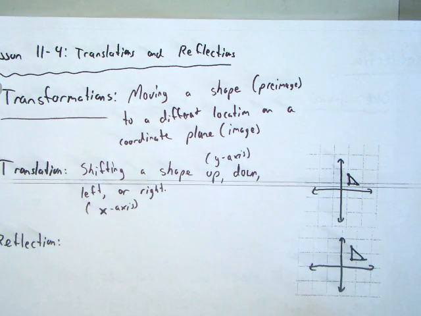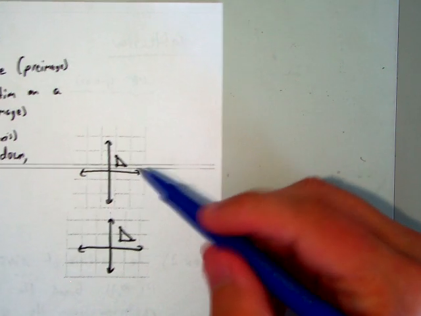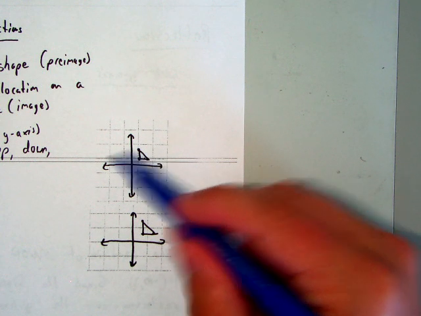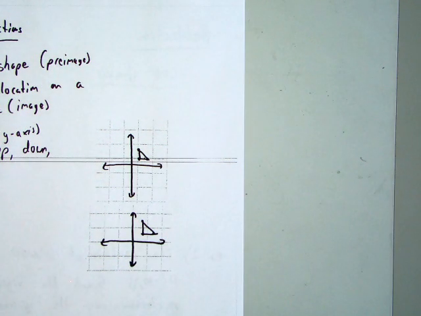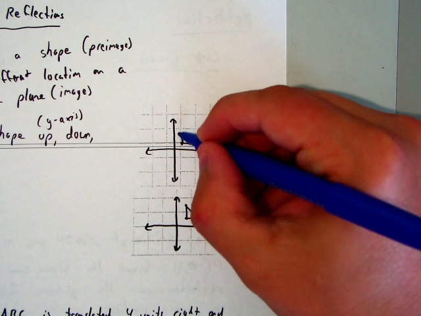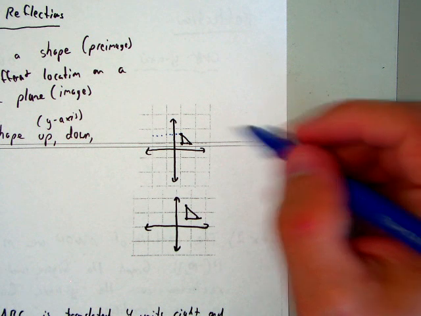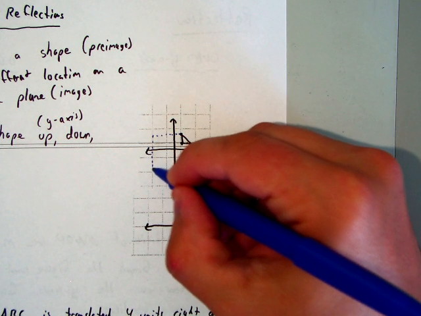So if we were to look at the shape on the right here of the triangle in quadrant 1, and if we wanted to translate it, we can say that if we wanted to go to the left and then down, every single point along this triangle would move left the same number of places and down the same number of places. So one way that this can be done, and I'll show this in the next example as well, is by drawing the lines to show how far to the left and down this shape would be translated.